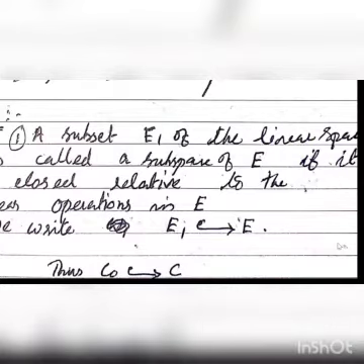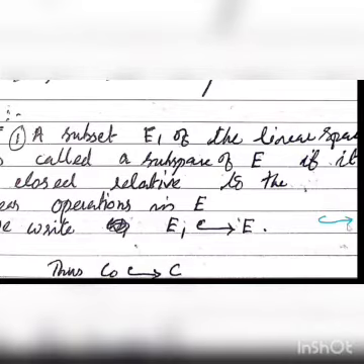A subset E1 of the linear space E is called a subspace of E if it is closed with respect to the linear operations in E. And we write E1 is contained in E, or E1 is a subspace of E. See the notation: it is just an arrow with a bend.